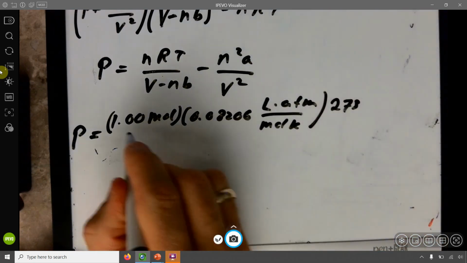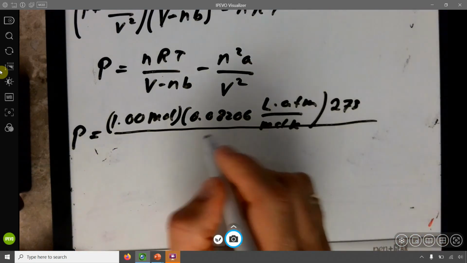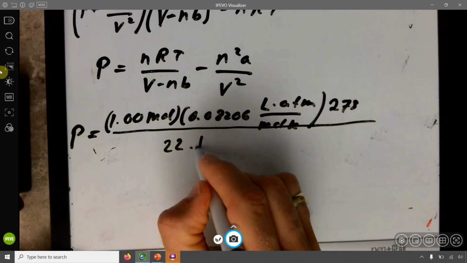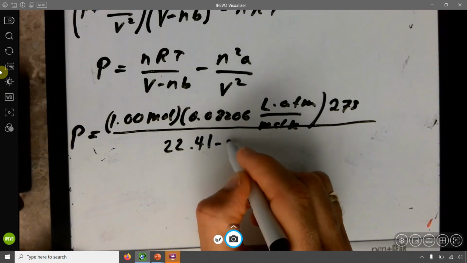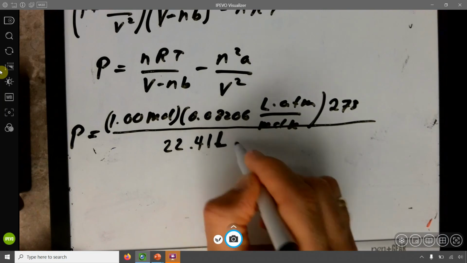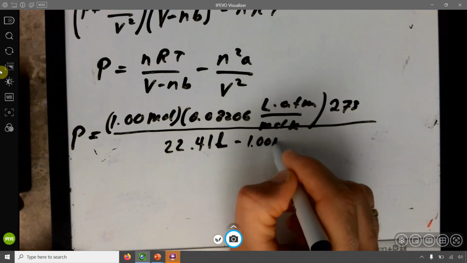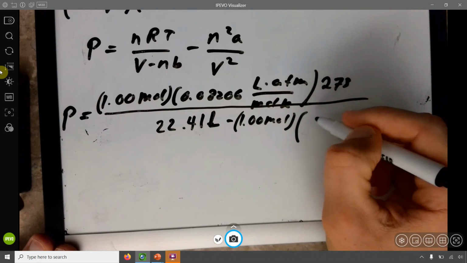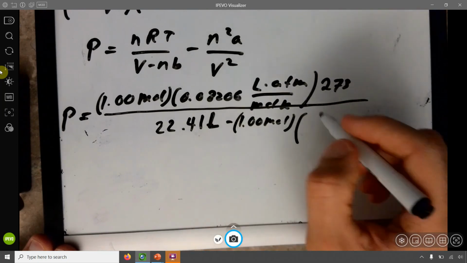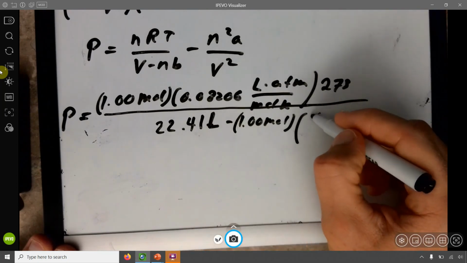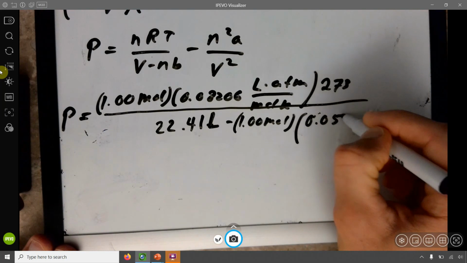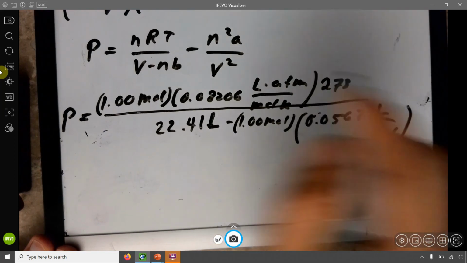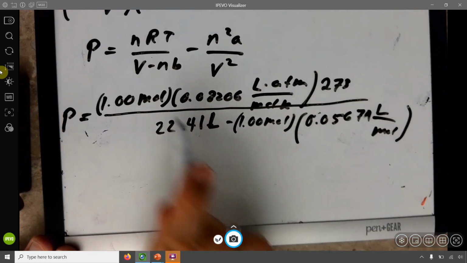This is a little bit complicated to do on a whiteboard, but it literally is just plug and chug. 22.41 liters minus 1.00 mole, and then this B thing, which cancels out my mole, becomes liters, so I can subtract these two, and B is 0.05679 liters per mole. Okay, this whole thing is just this.